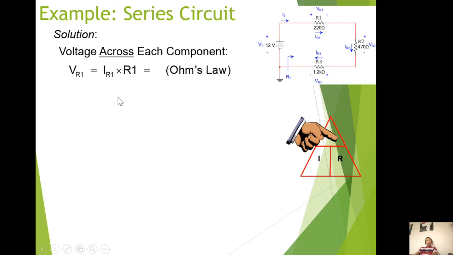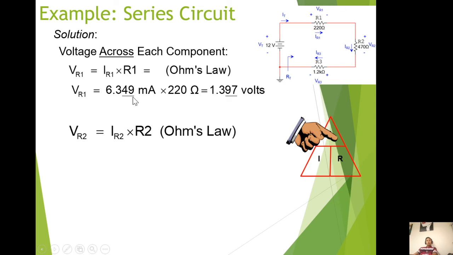Voltage across each component. We are going to solve for the voltage drop across each component. VR1 is IR1 times R1, from Ohm's law. So 6.349 milliamps times 220 is equal to 1.397 volts.